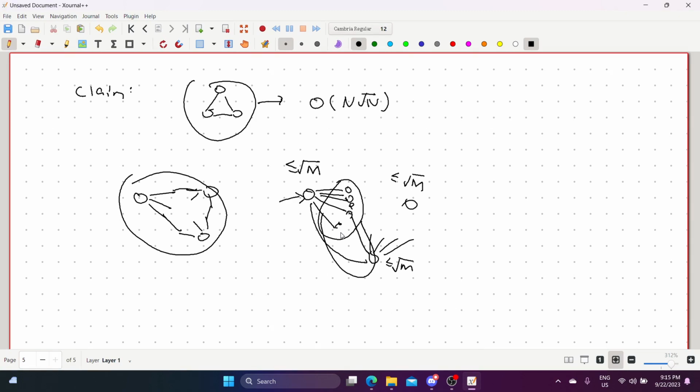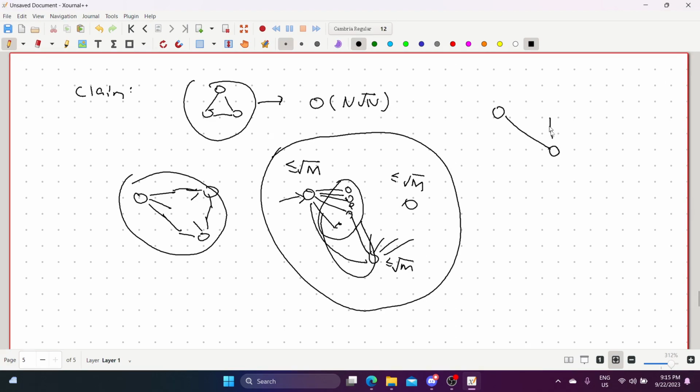So if we only consider the triangles with this property, we can analyze the time complexity. For each edge, we need to visit square root m vertices.